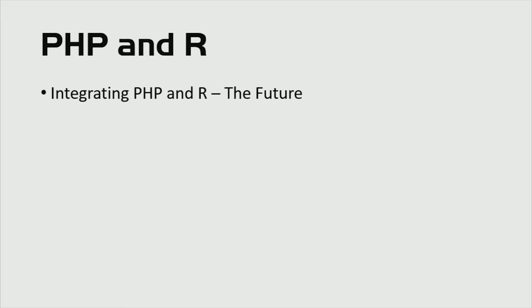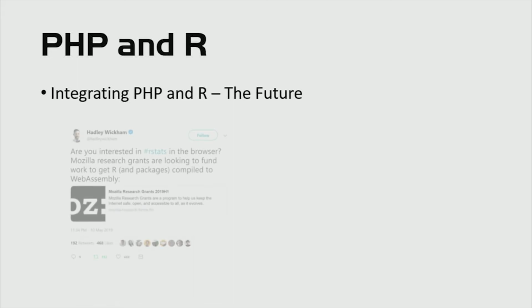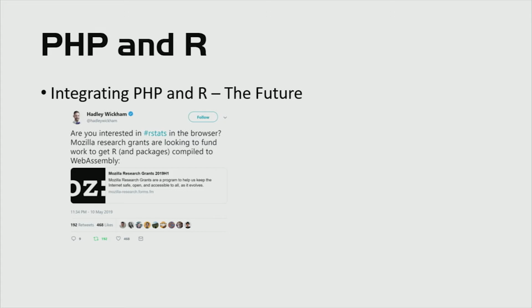There is one more option, or there will be one more option. This is the one that I'm really looking forward to. A Mozilla Research Grant to rewrite or convert R plus all the CRAN package library to WebAssembly. They're hoping to do that over this summer.